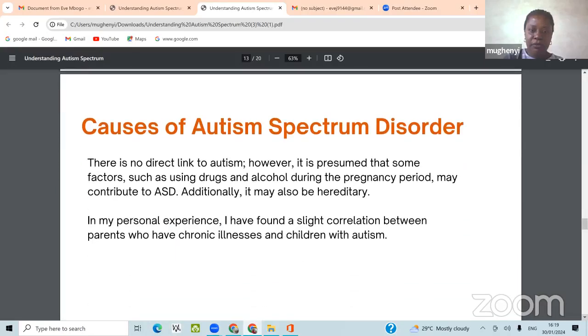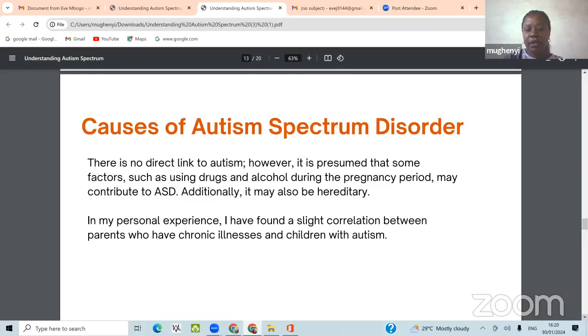Causes of autism spectrum disorders. There's no single known cause, but it is presumed that some factors such as drugs and alcohol use during pregnancy may contribute to ASD.